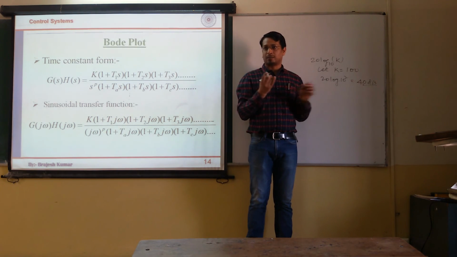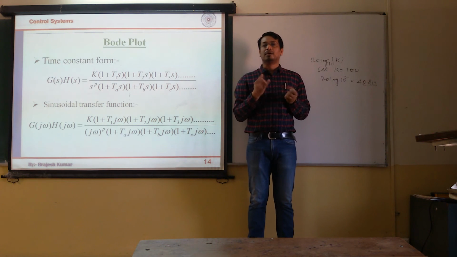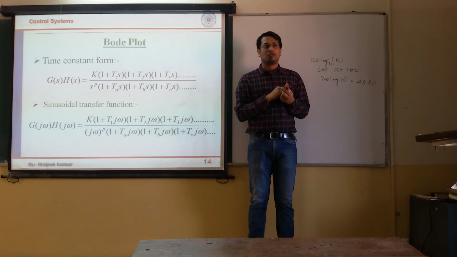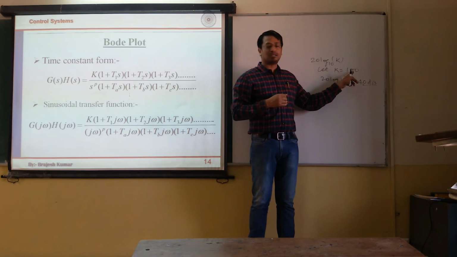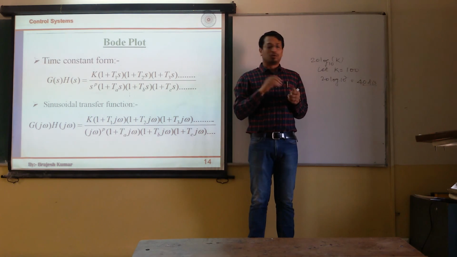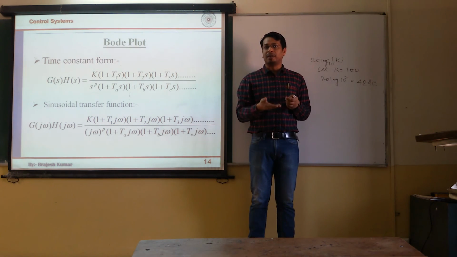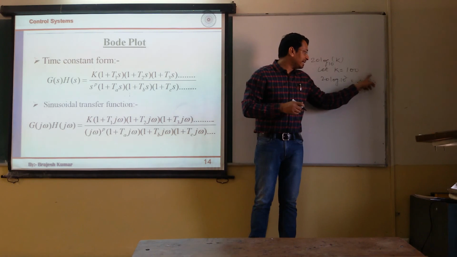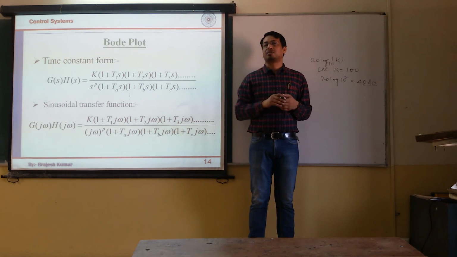So if the whole transfer function is the same, and in one case K is equal to 1 and in the second case K is equal to 100, then in the second case the graph will be shifted on the y-axis. Correct? We will see all these contributions.